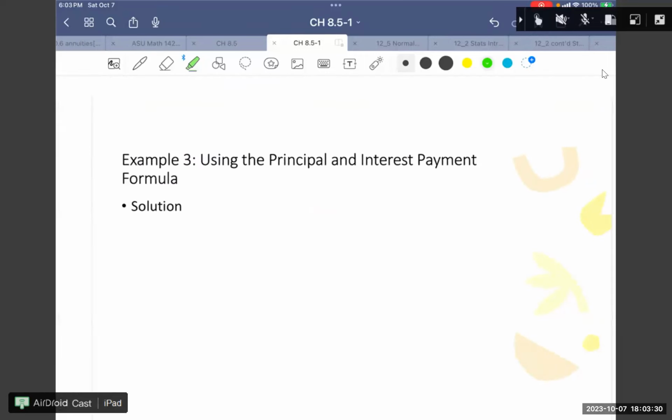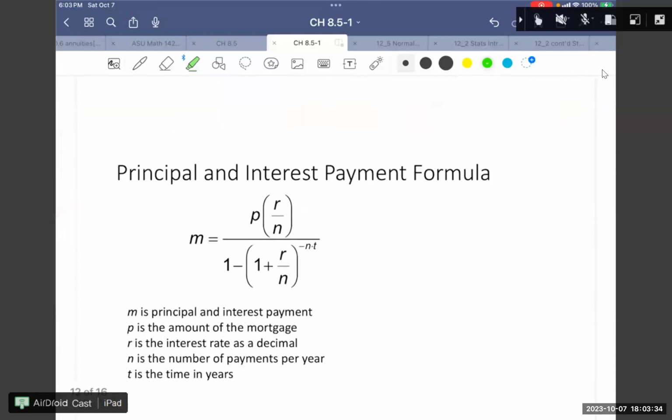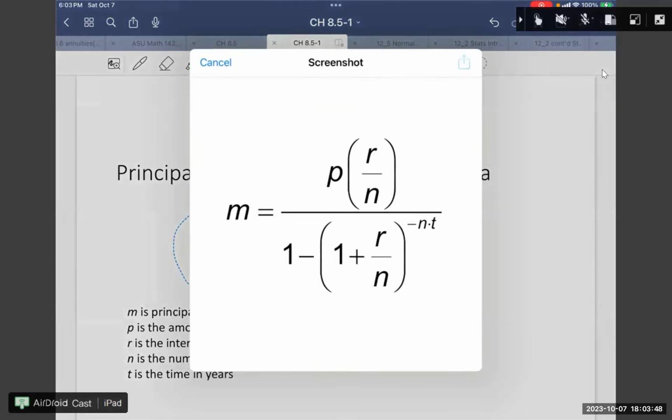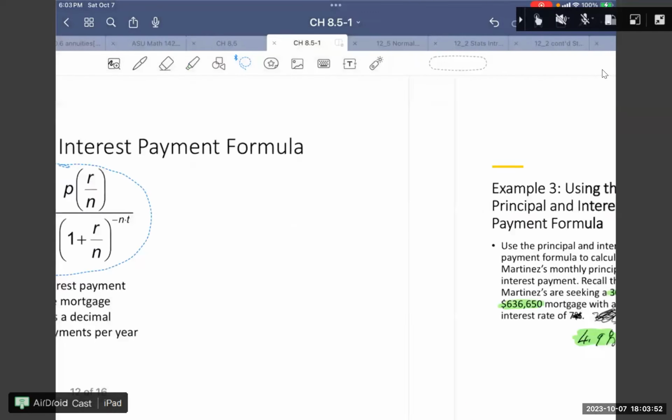So we can use a formula for this. Let me copy this formula really quick.